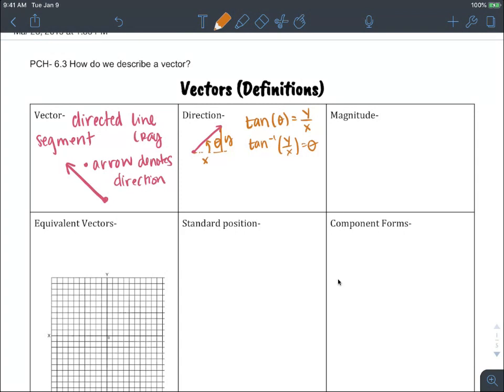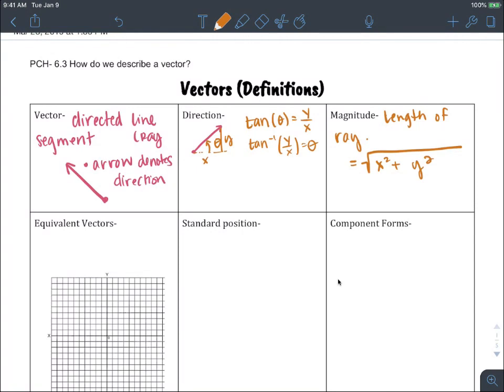The magnitude is the length of the ray, or the line segment. Okay, so we can figure out the length of the ray by taking the square root of x squared plus y squared, and that's going to equal the magnitude.